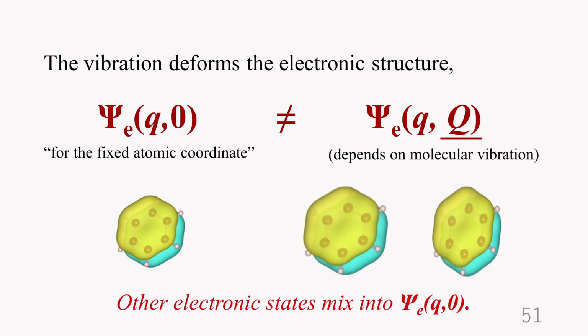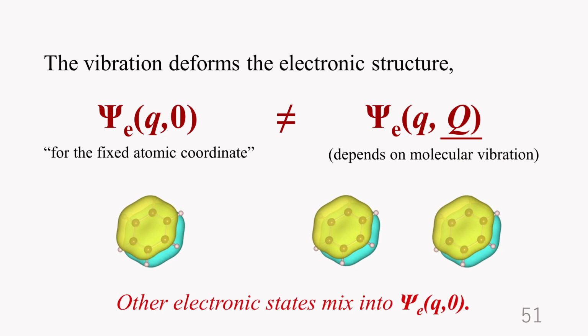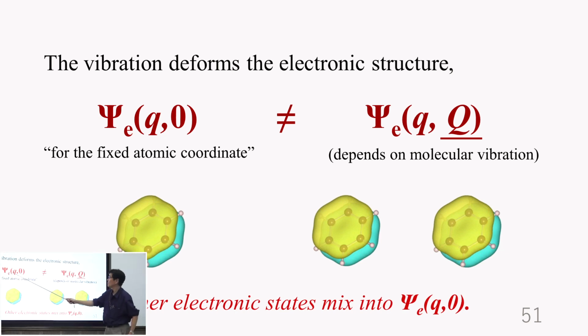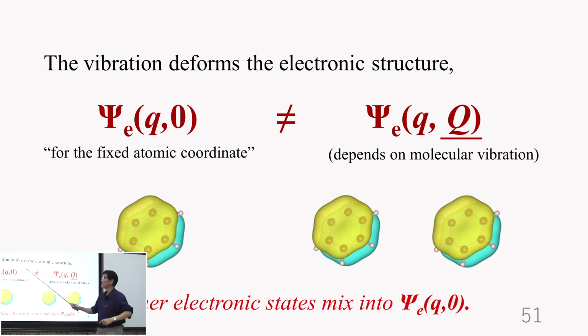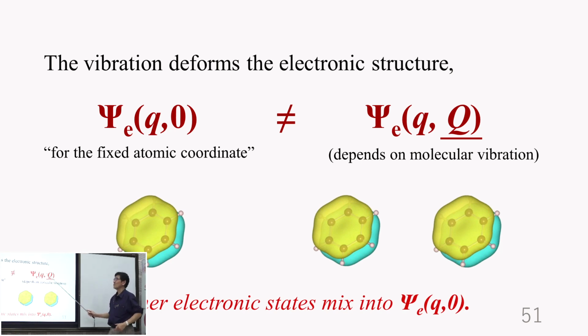That is, the wave function of the electron at coordinate Q equal to 0, that is the stopping structure, is not equal to the electronic wave function with the vibrating coordinate along Q. So we need to consider this feature, the vibration dependence of the electronic wave function.